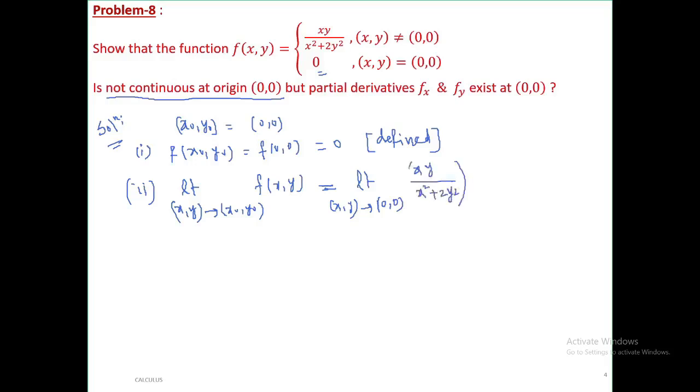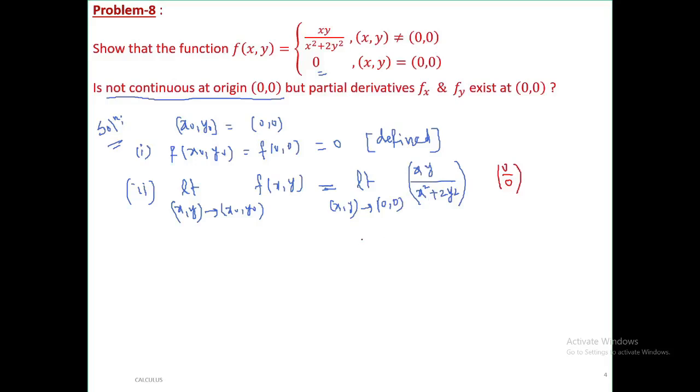This is f of x y. Now substitute the limit. What will you get? X is 0, y is 0, so 0 by 0 you are getting. Then either simplify the function or go to path limits. The function cannot be simplified because there are no similar terms in the numerator and denominator. Therefore I am going directly to the path limits.